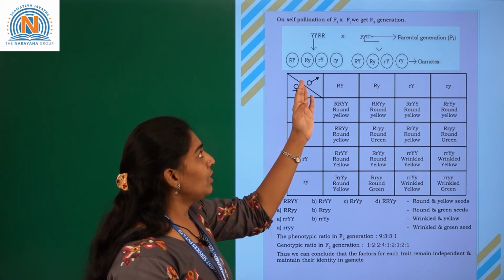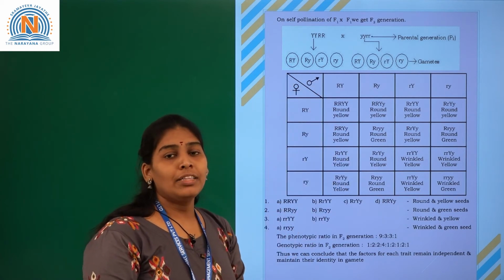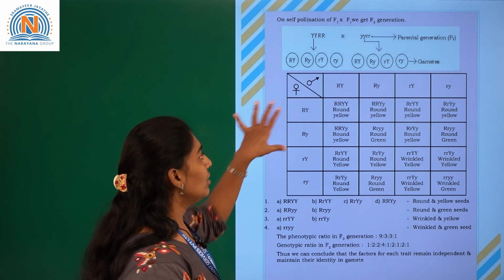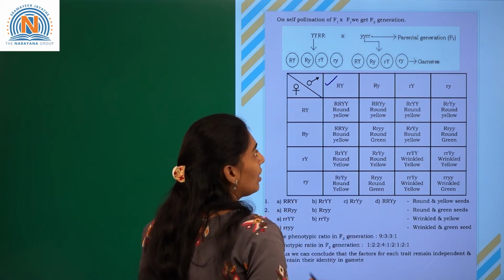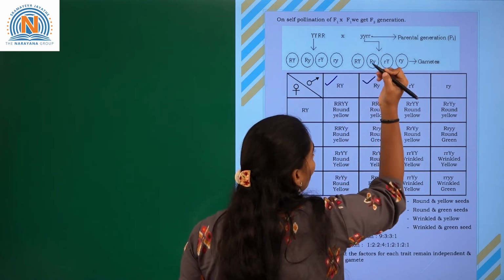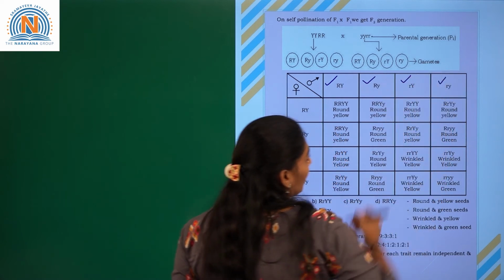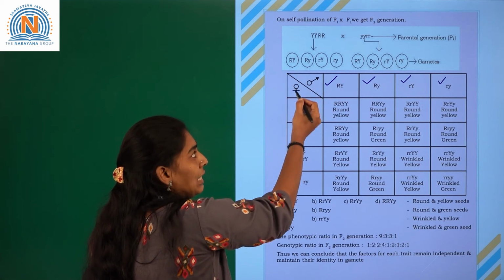After self-pollination of these plants, we get the F2 generation, with gametes capital R capital Y, capital R small y, small r capital Y, and small r small y, for both male and female.